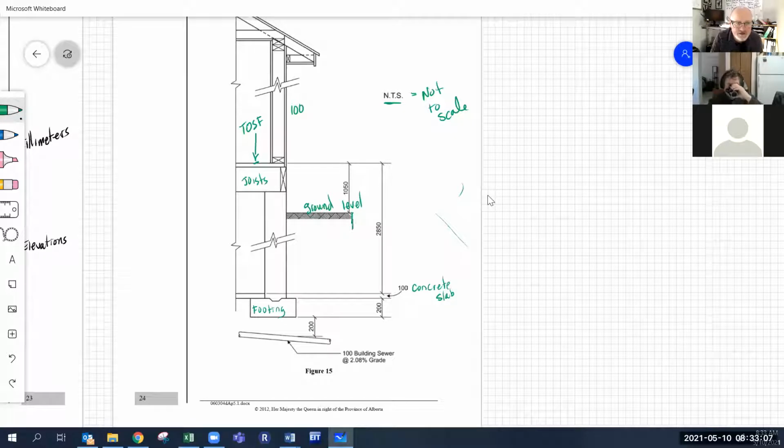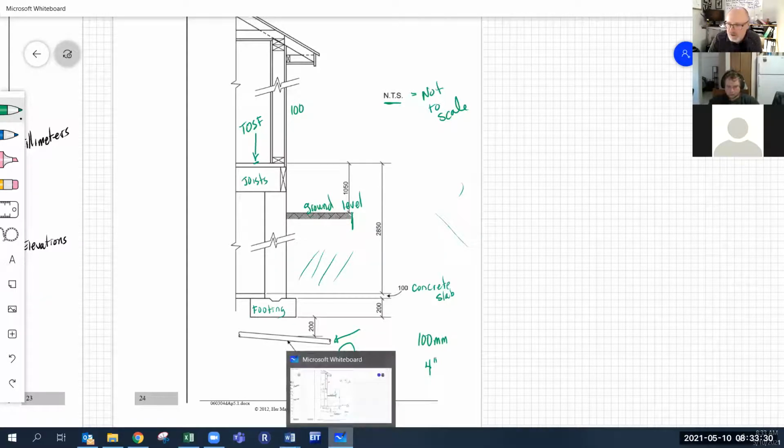So this is underground. All of this is underground in here. This is our building sewer. That's running at a grade of 2.08%, and it's a 100, there's the 100 millimeter, which is 4 inches.